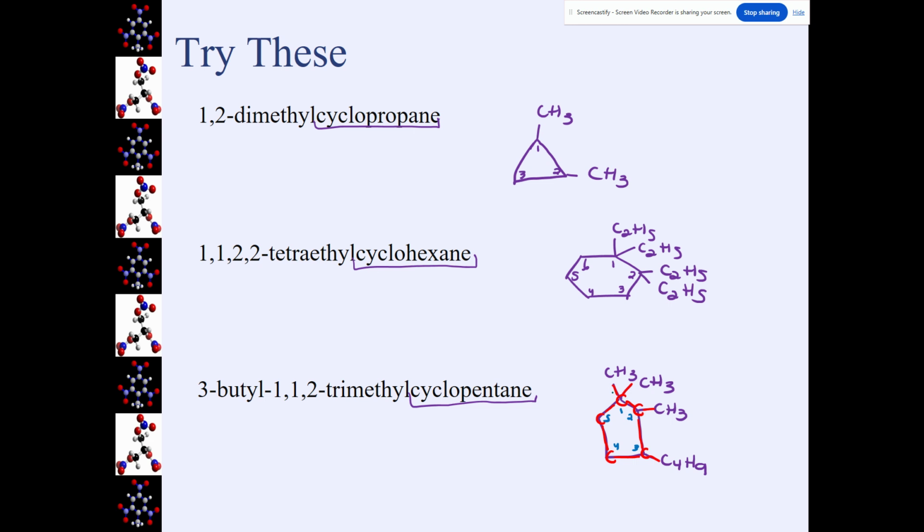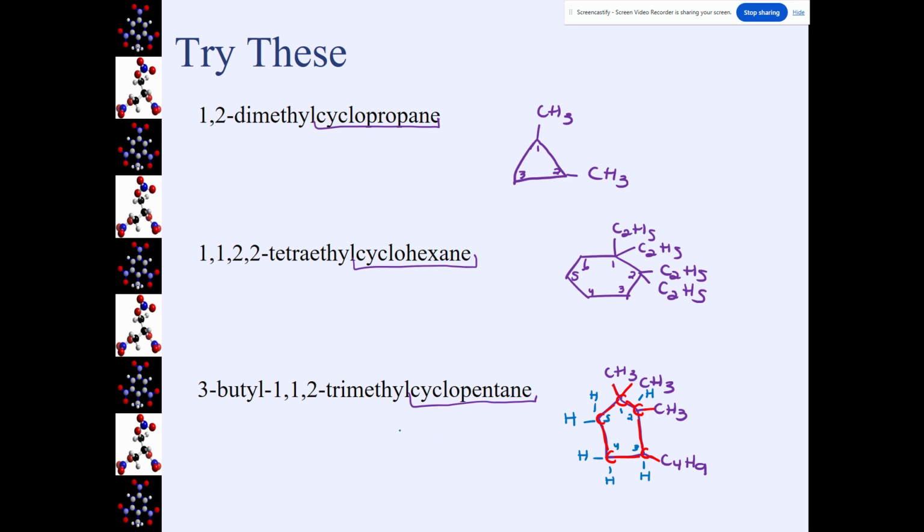Carbon 1 already has 4 bonds, so it has no hydrogens. Carbon 2 has 3 bonds, so it needs 1 hydrogen. Carbon 3 has, again, 3 bonds, so it needs 1 hydrogen. Carbon 4 only has 2 bonds, so it needs 2 hydrogens. And carbon 5 again only has 2 bonds, so it needs 2 hydrogens. The hydrogens fill up the maximum of 4 bonds around every carbon.